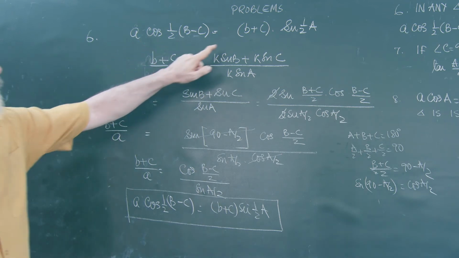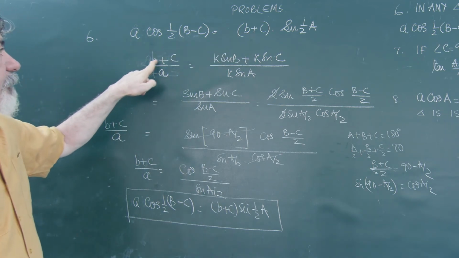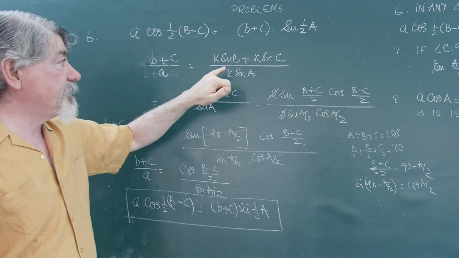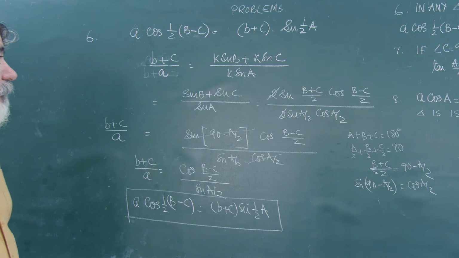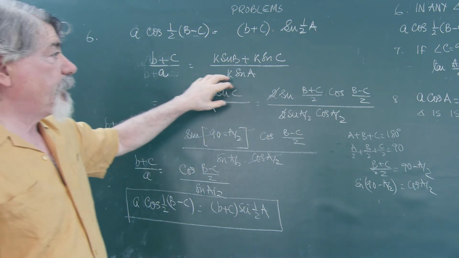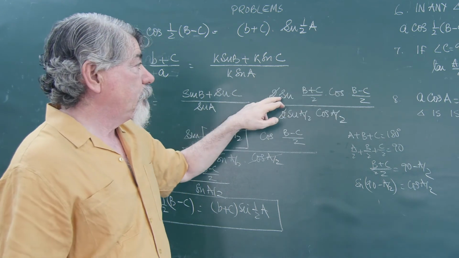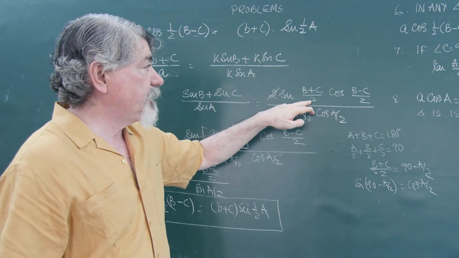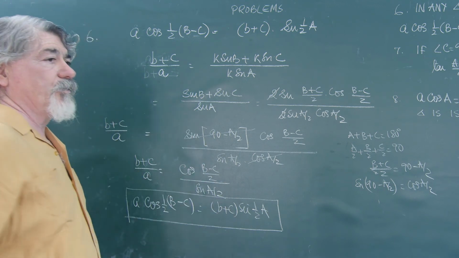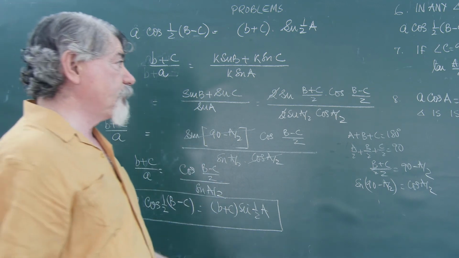We started with (b plus c) upon a, which is equal to k sine B plus k sine C upon k sine A. Then we got sine B plus sine C upon sine A. We applied the sine C plus sine D formula: 2 sine (B plus C) upon 2 cos (B minus C) upon 2. I wrote sine A as 2 sine A by 2 cos A by 2.